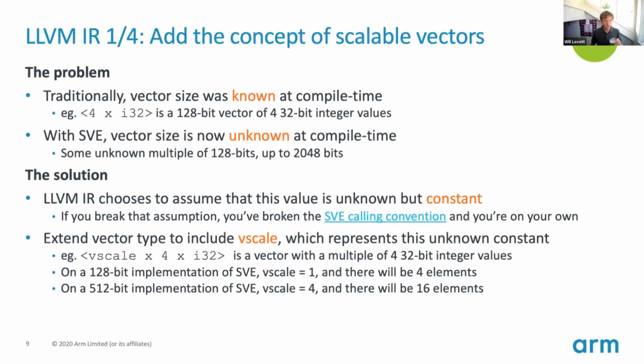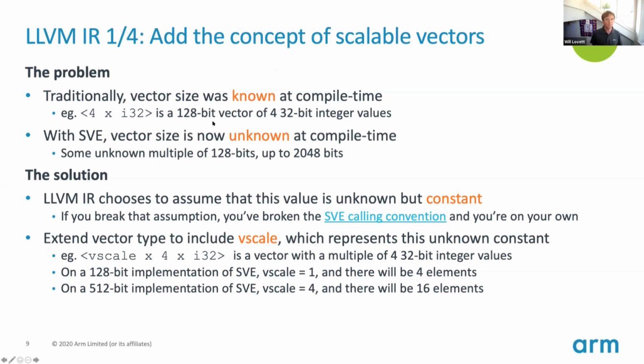Okay. So first of all, we need to add the idea of scalable vectors to LLVM. So traditionally, you know how wide your vector is at compile time, and so you can have a type declaration like this, which says you have a 128-bit vector consisting of four 32-bit integer values.